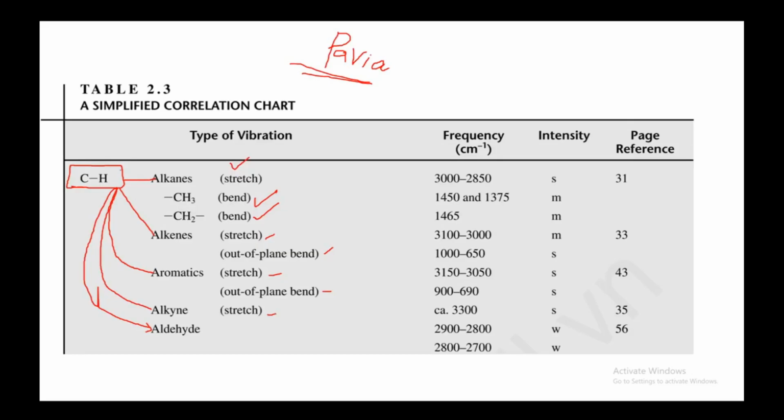If you see a peak in IR spectroscopy at around 3000 to 2850 per centimeter, and the intensity of the peak is strong (S for strong, M for medium, and W for weak), then that peak can be assigned to a CH bond attributed to alkanes. Easy.